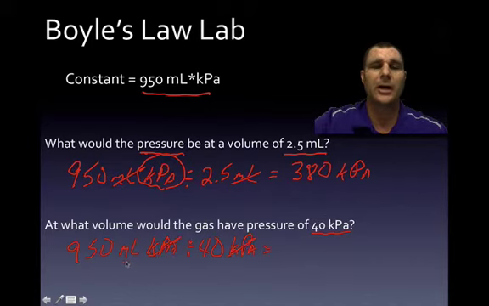Kilopascals cancels. I'm left with milliliters, which is my unit of volume, so that's excellent. That's what I want to end with. And when I'm done, I've got 23.75 milliliters. So again, I have the correct answer, even though I didn't test there.